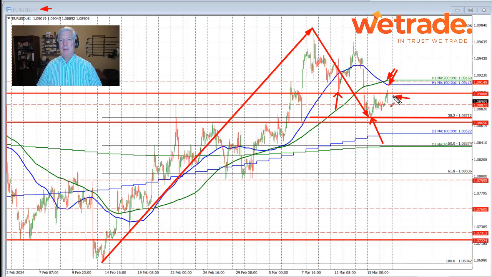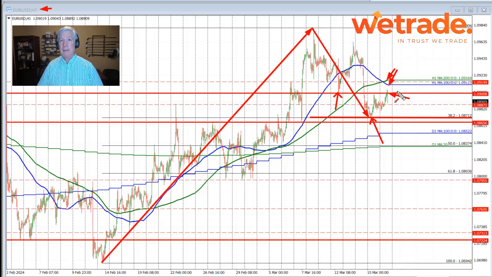The move back below the 109 level sort of triggered that, and we're currently trading at 1.08909, so we're not far from where we were on Friday's close. And that has the market still in neutral territory.